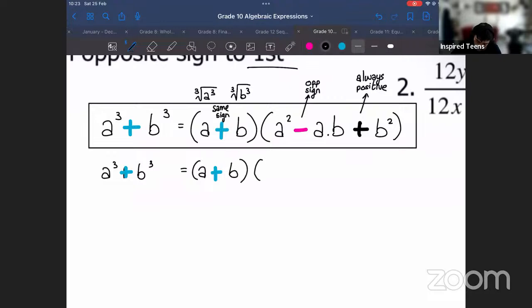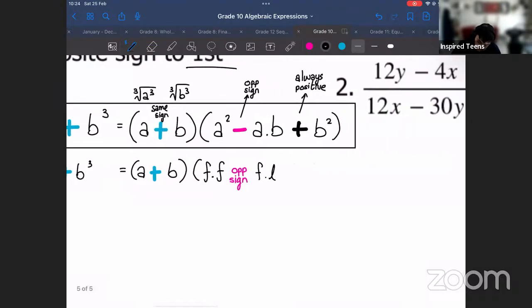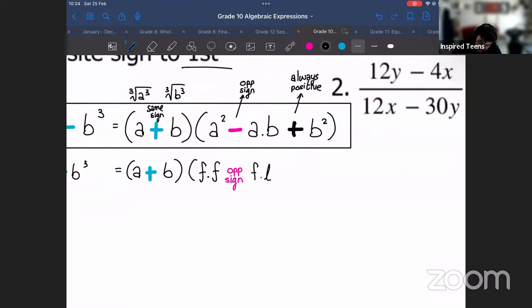Now, how do you get the first term? How do you get this trinomial? First term times the first term. Opposite sign. Okay. How do you get the middle term? First term times the last term. Okay. How do you get the second sign? It's always positive.